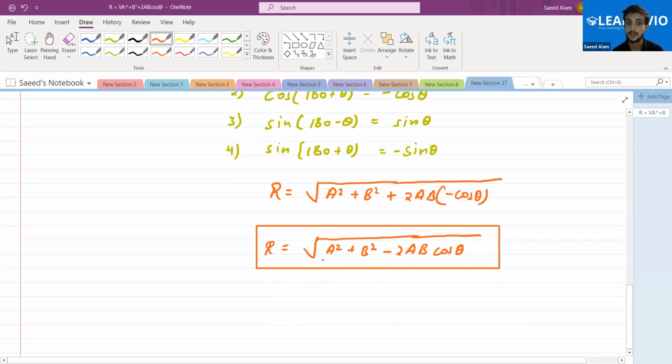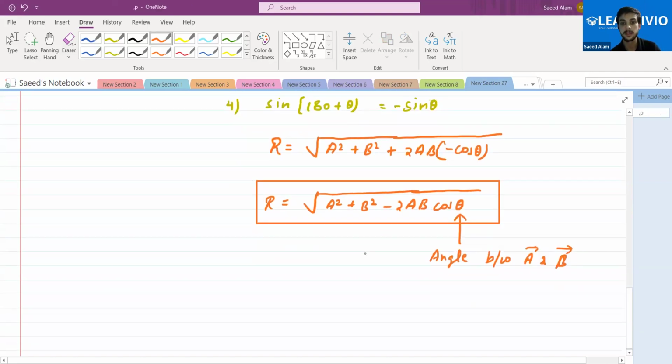Magnitude of vector B. And what is r here? Magnitude of resultant vector. What is theta here? Angle between A and B. You should know about the angle between a and b. Is this clear to you?